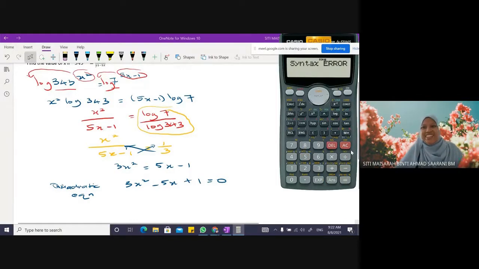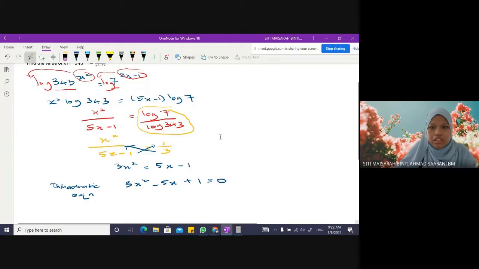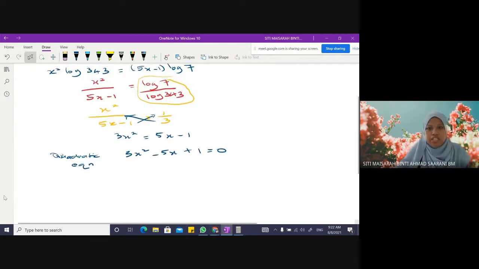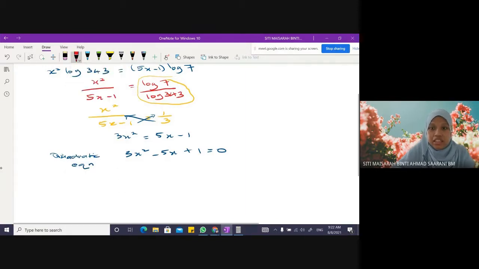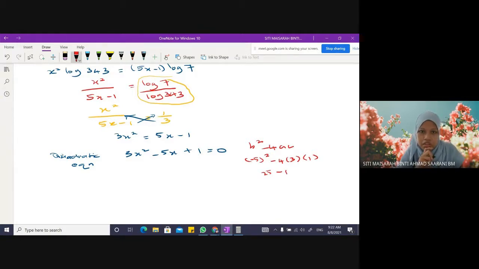Actually, as you can see here, b squared minus 4ac is negative 5 squared minus 4 multiplied by 3 multiplied by 1. This is 25 minus. Sorry.